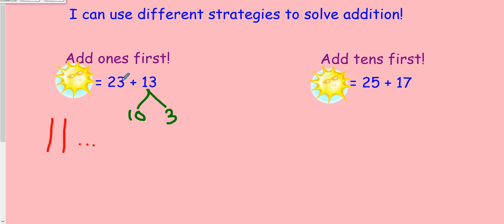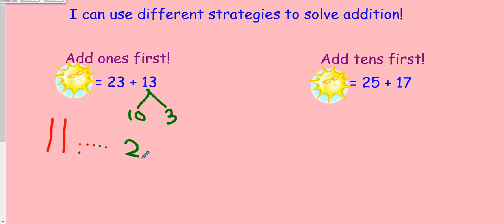So we look at our part of 23, and we are going to add the 3 ones from 13 first. Let's do that in our picture. We had 23. Now we are going to add the 3 ones in our picture. 1, 2, 3.